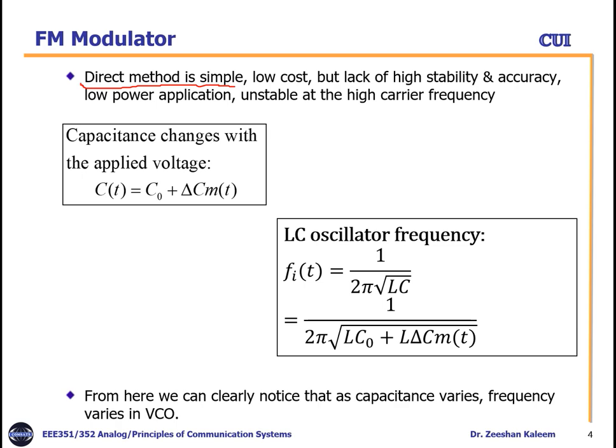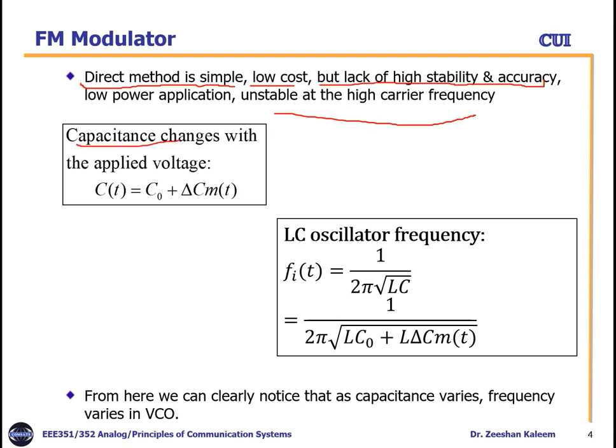This is called the direct method, and it is low cost, but it lacks high stability and accuracy. The problems are the lack of stability and accuracy, low power application, and instability at high carrier frequency. So when we have a high carrier frequency, this method is very unstable, and we have to avoid this method.